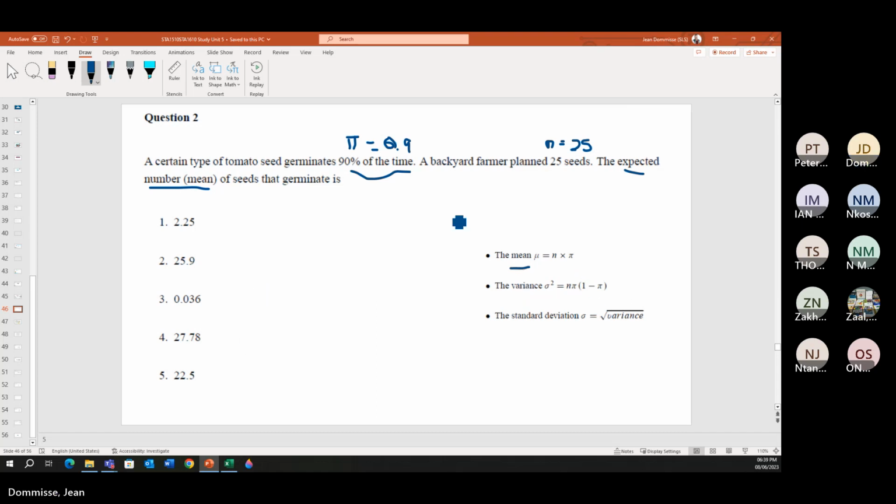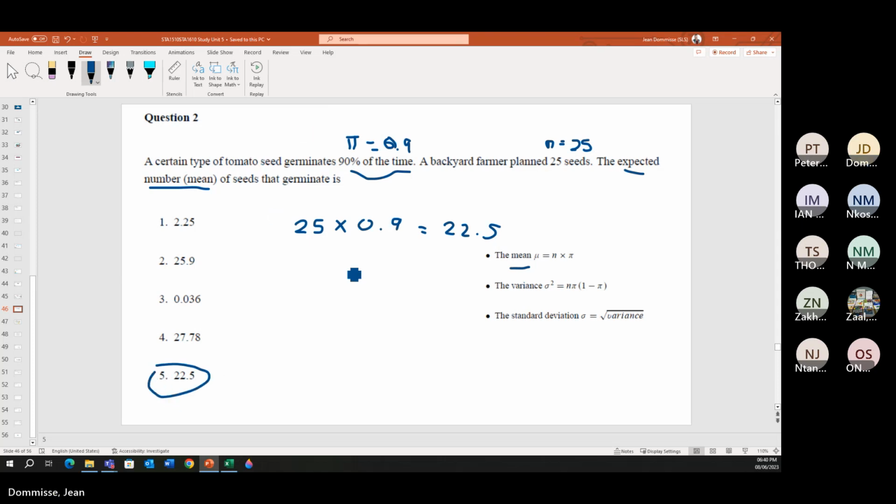So nothing more in this one that we needed to do. I just say, okay, 25 times 0.9 will give me that answer, which is 22.5. Okay, which is option 5.